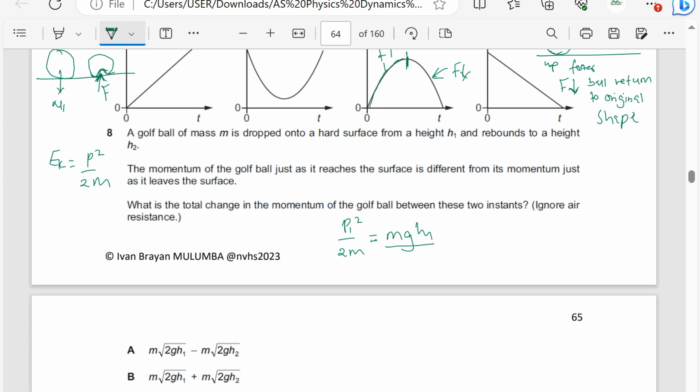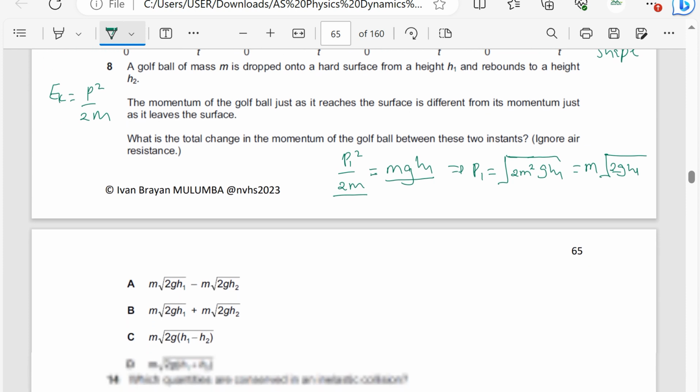It loses this potential energy to gain this kinetic energy. If I make P1 the subject, P1 is equal to the square root of 2m squared times g times h1, which is equal to m square root of 2gh1.